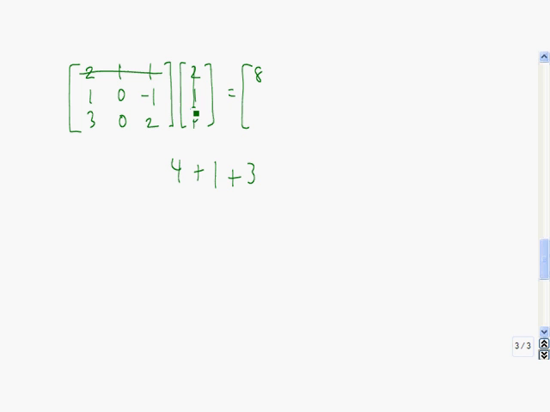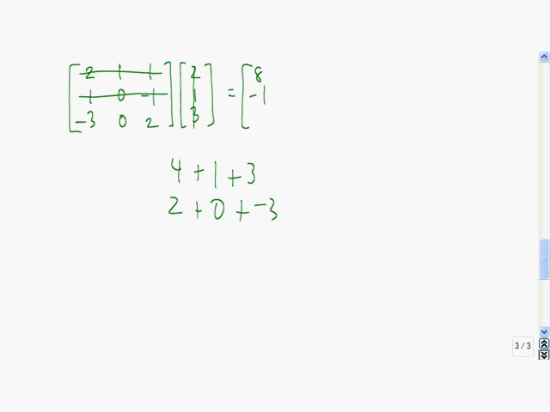Since we only have one column in this matrix, now to get the second entry, we take the second row of the first, dotted with this column. So we have 1 times 2, which is 2, plus 0 times 1, which is 0, plus negative 1 times 3, which is negative 3. So that's equal to negative 1.